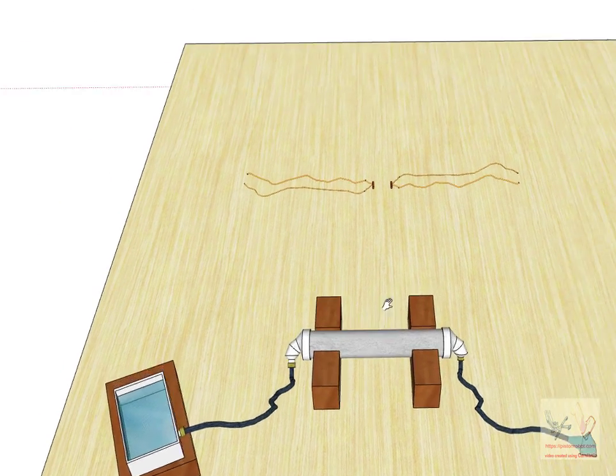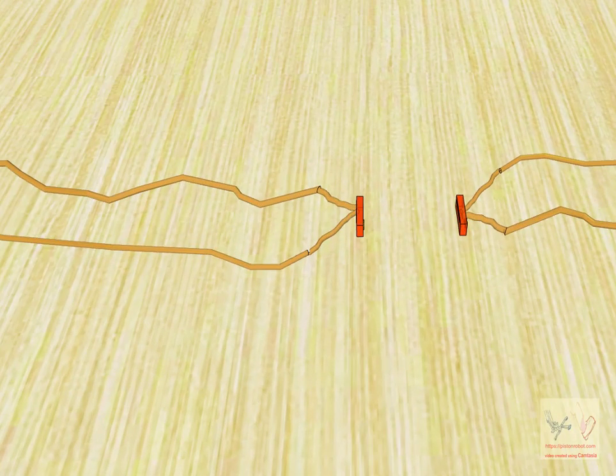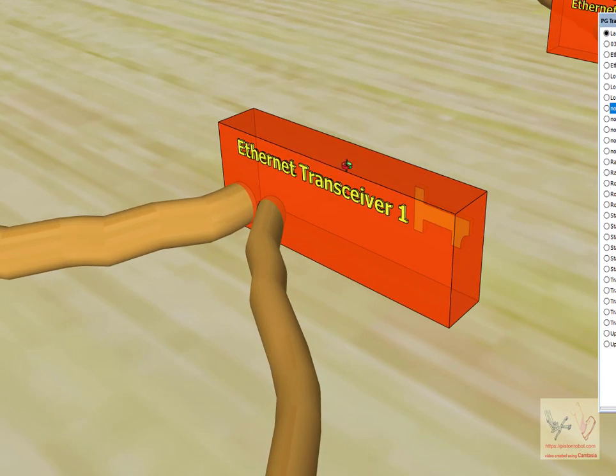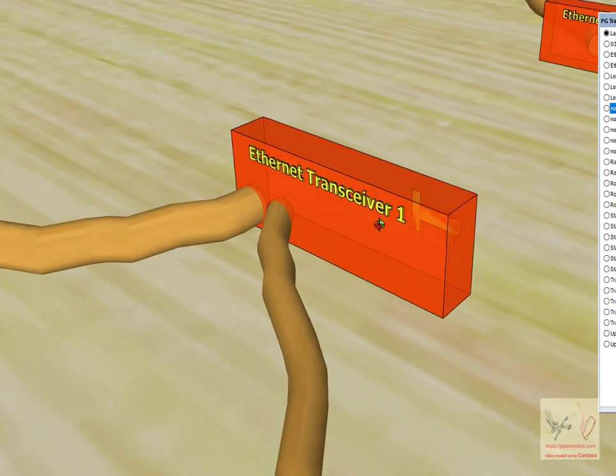Okay, now we'll go take a look at what we refer to here as Ethernet transceiver 1.